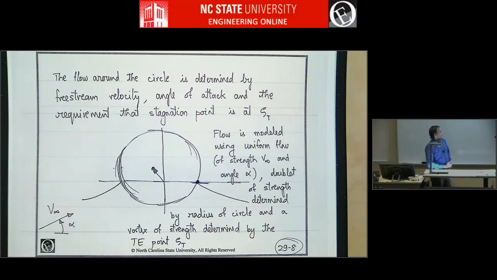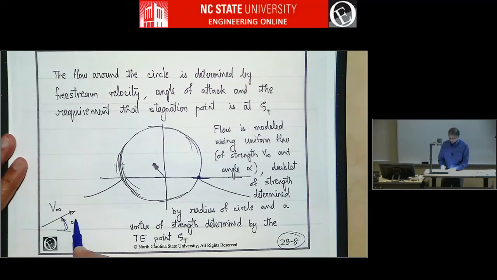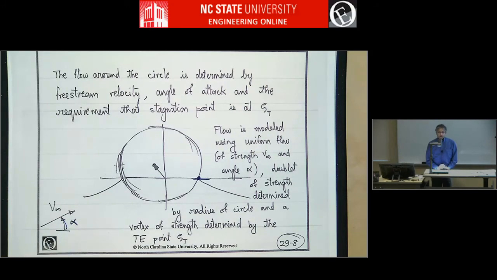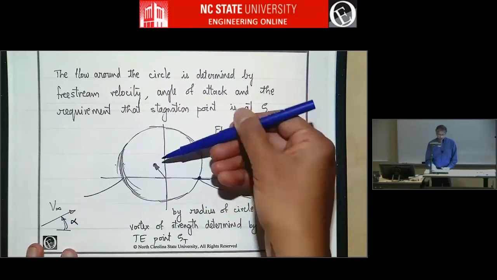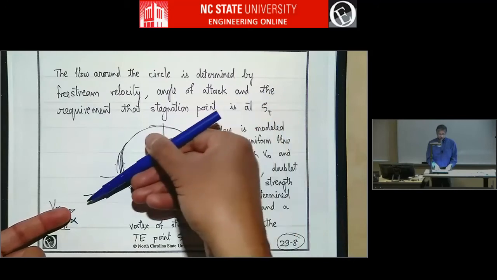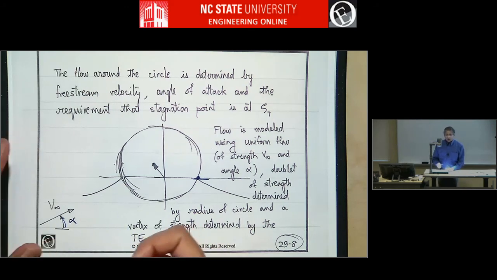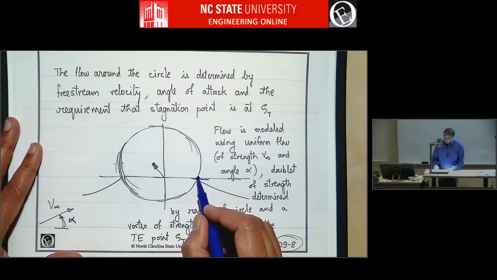Right, so let's say you have some free stream velocity v infinity, and some angle of attack, alpha. If this circle had no lift, then it's straightforward, right? It's just free stream plus a doublet going opposite to the v infinity, that will give the flow past a non-lifting cylinder. But we want some sort of a lifting cylinder, and furthermore, we want the stagnation point to be here.